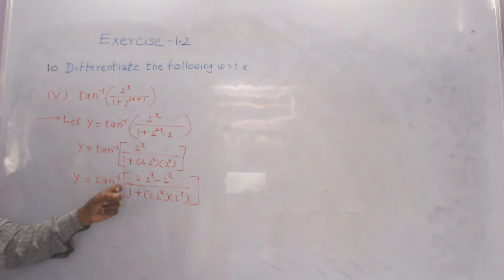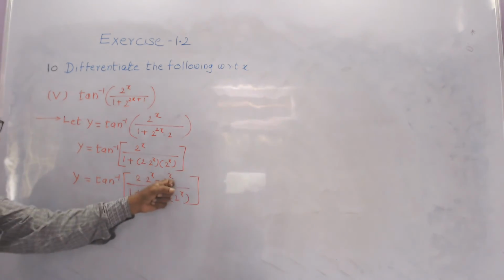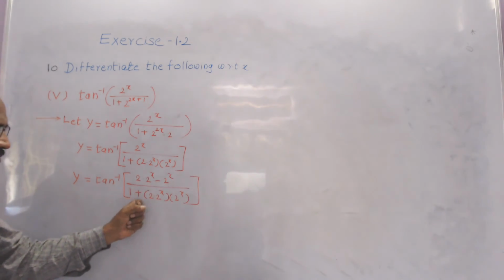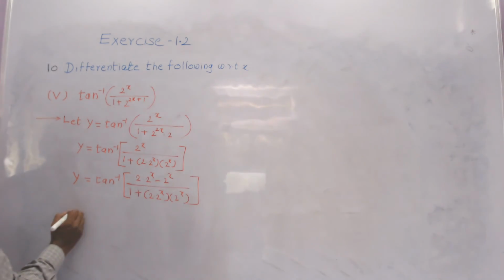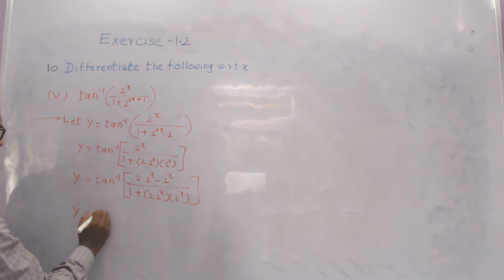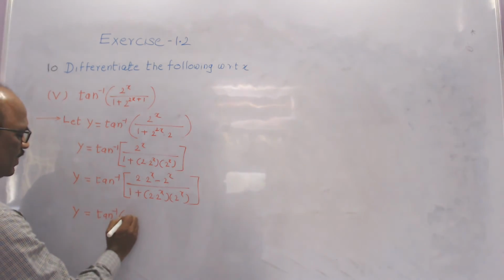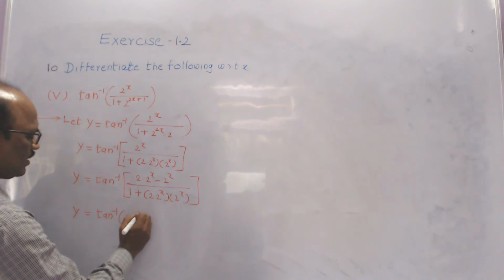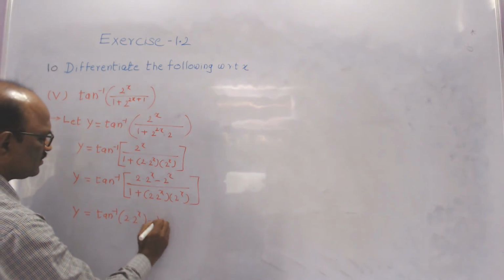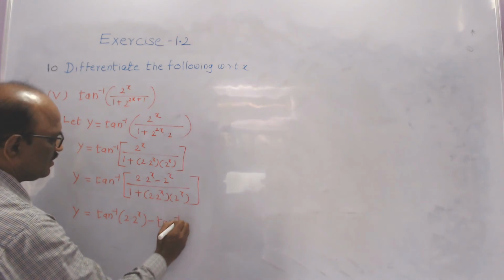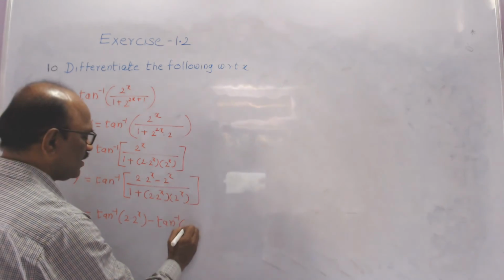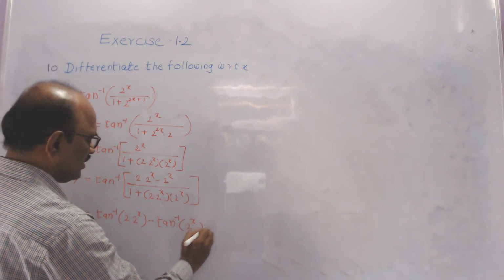Now tan inverse of a minus b upon 1 plus a into b, and therefore this can be written as tan inverse of 2 into 2 raised to x minus tan inverse of 2 raised to x.